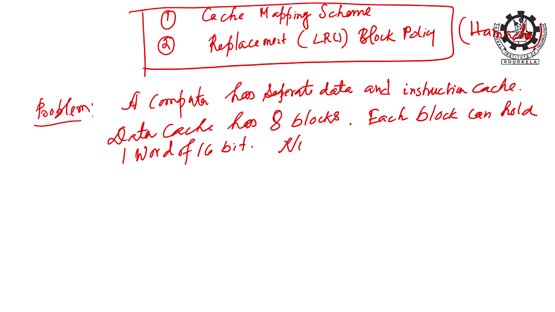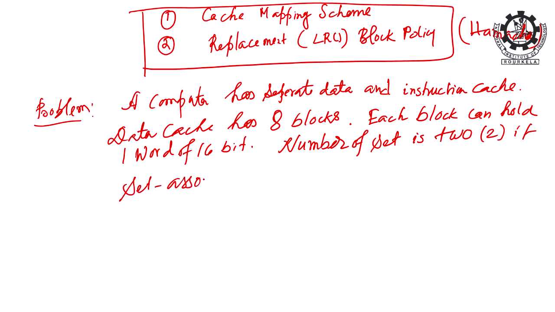And the number of sets is 2, if set associative mapping is used. Okay.